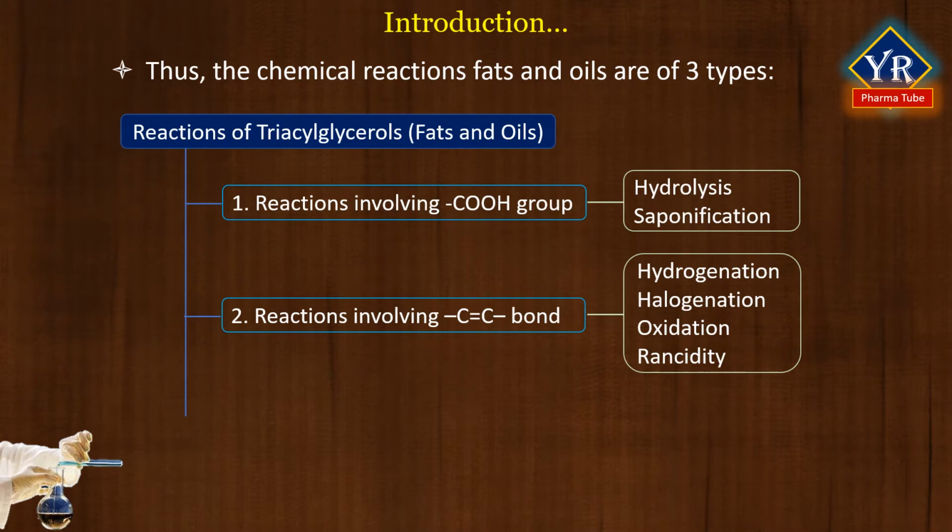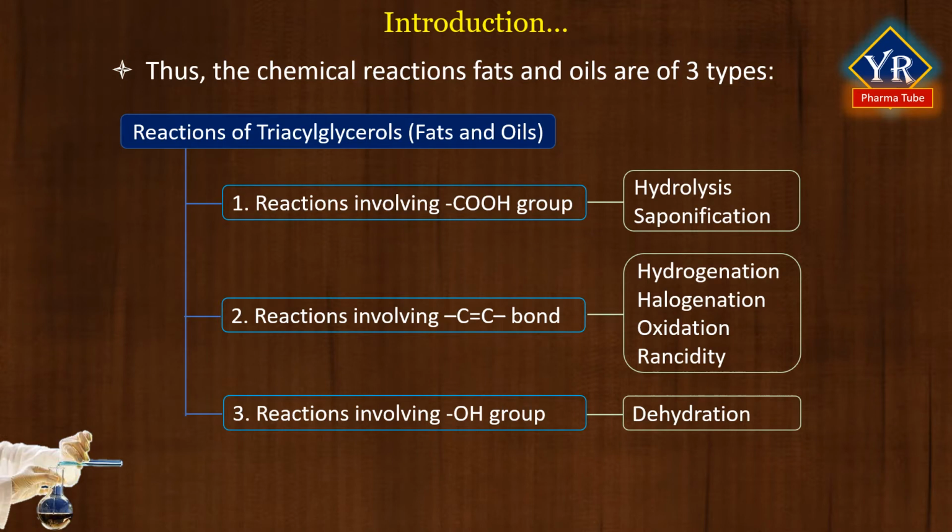There are 4 reactions termed as hydrogenation, halogenation, oxidation and rancidity. These reactions have effect particularly on the alkene group, that is the double bond of the given fat or oil. And number 3, reactions involving hydroxyl group.